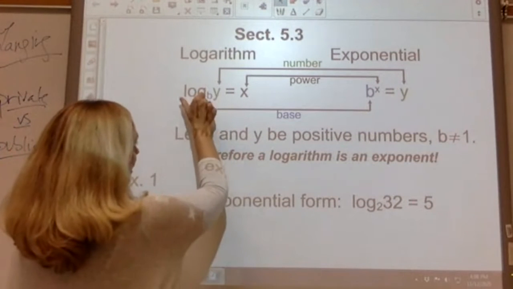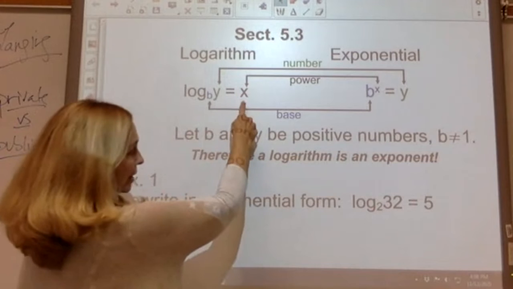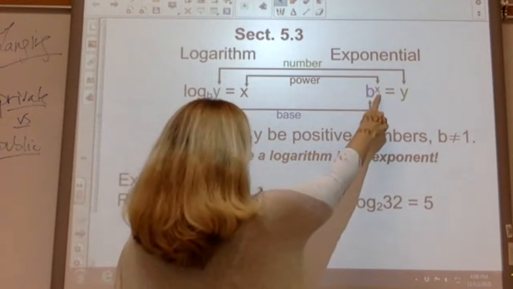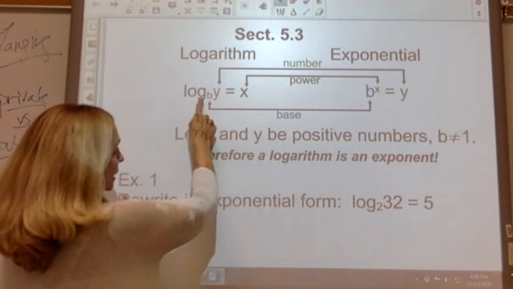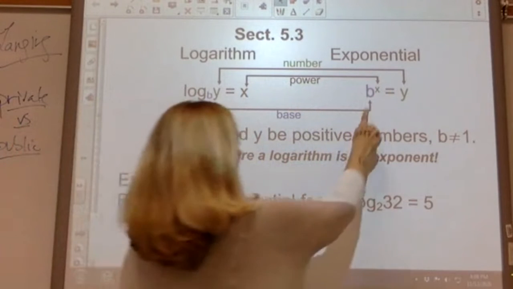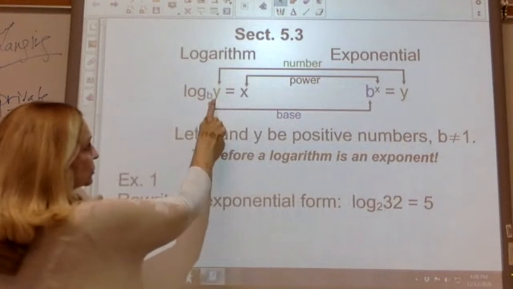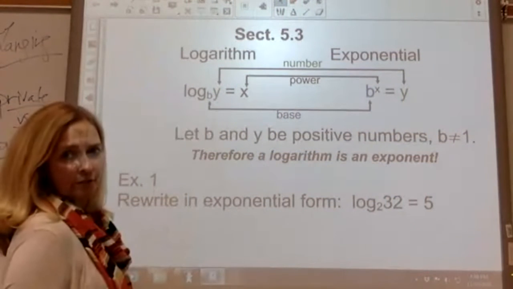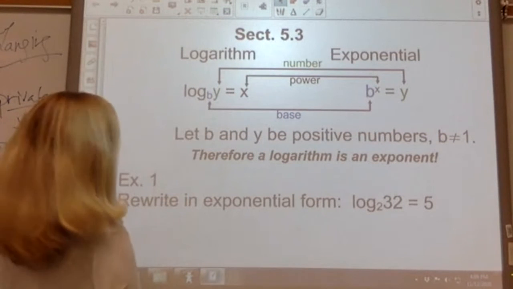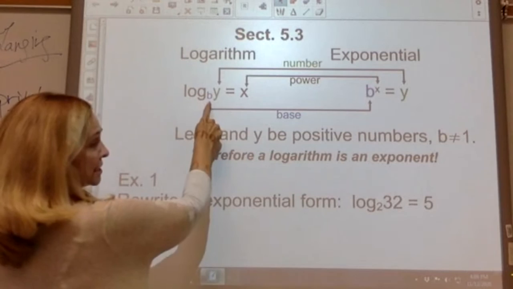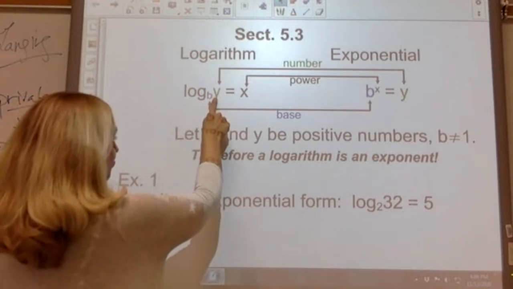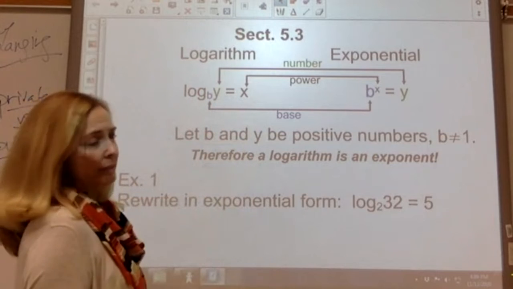And then a logarithm equals a power. So our exponent here, x, is what a logarithm equals. And so when we raise the base to the power, we get some number, and that value is what goes here. That's what we're taking the log of. Okay? So this is log base b of y equals x. That's how you would read that.